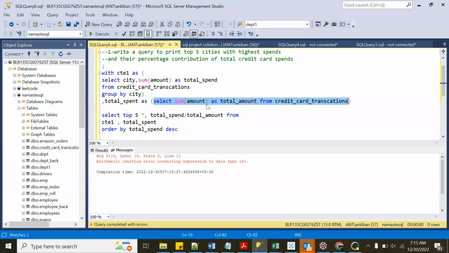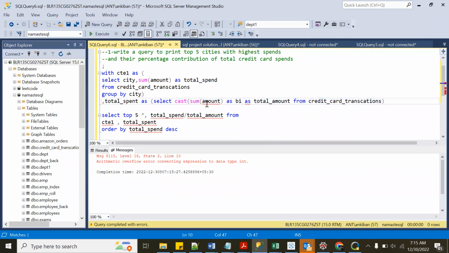Overflow data type int. Okay. Can we make it big int first? Let's try this.